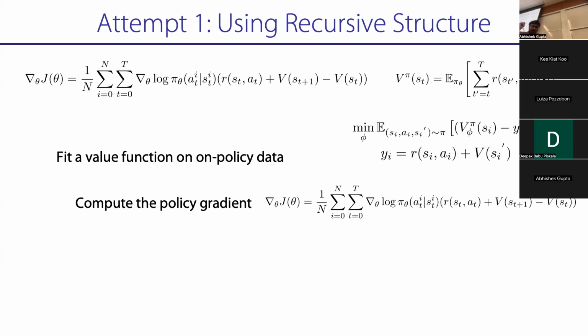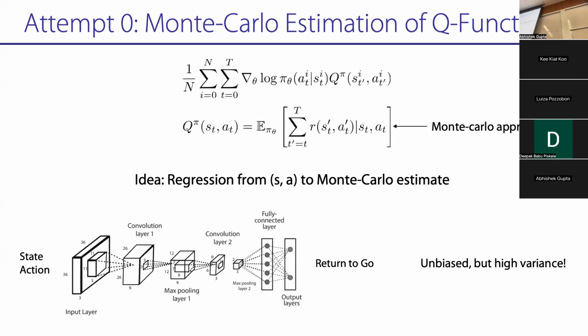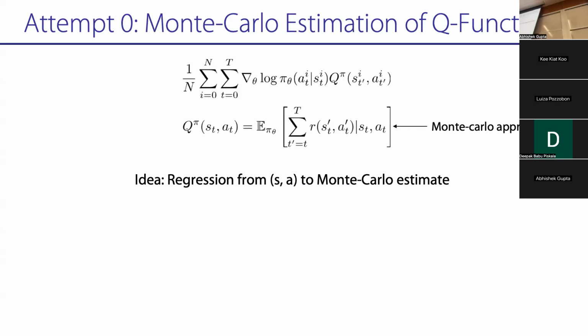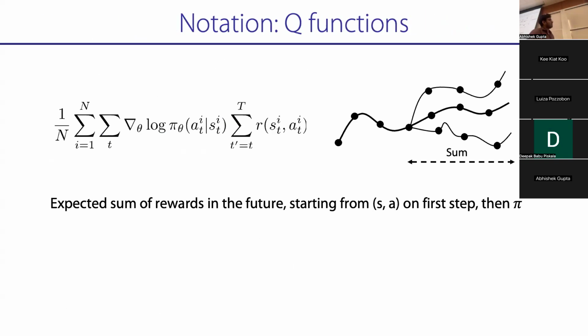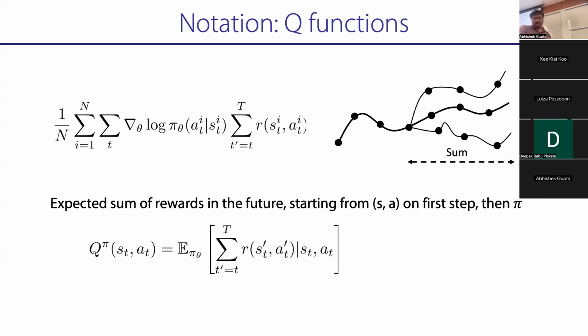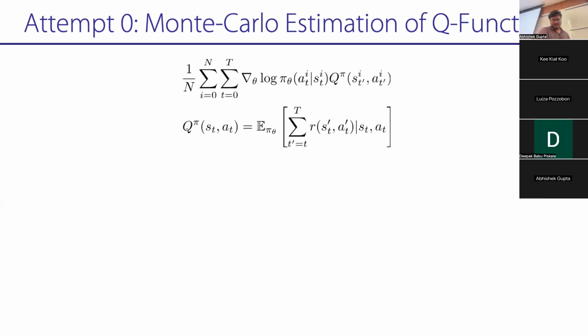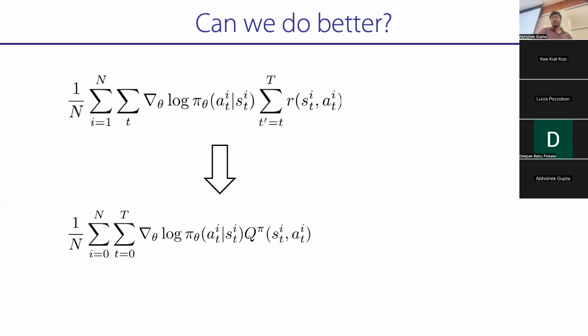Just to recap what we did: we have this policy gradient thing, this sum of rewards.